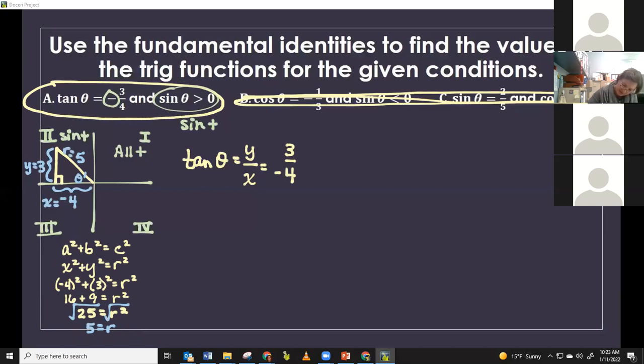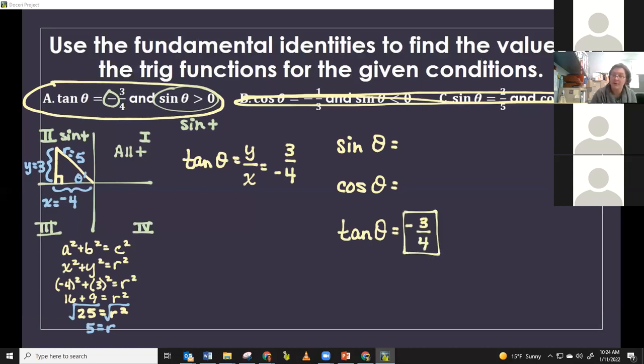We already have tangent, but now I can do sine and cosine as well. What would sine of theta be? 3/5, yes.